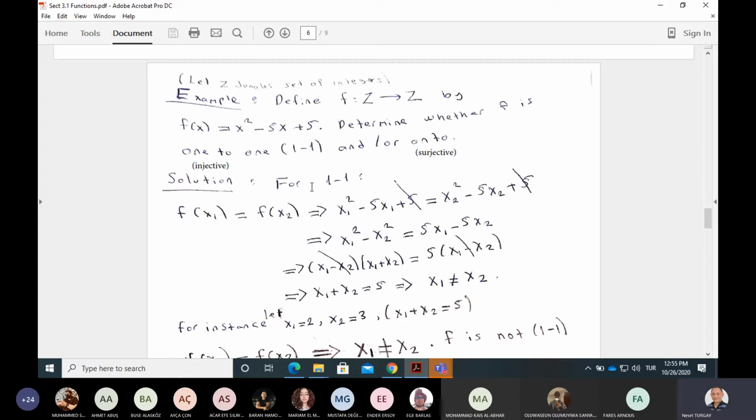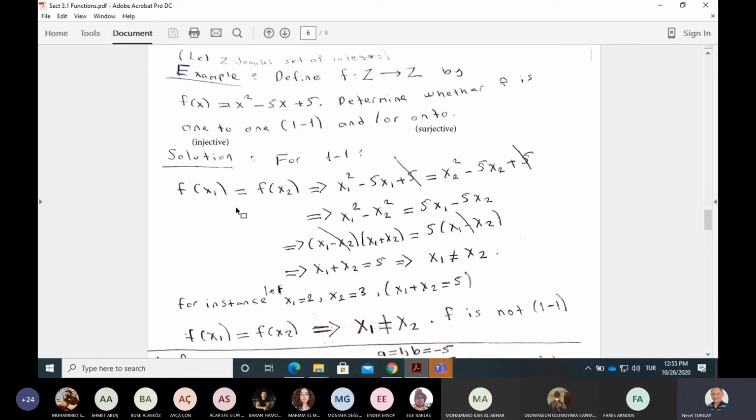Now, for 1 to 1, does f of x1 equal f of x2 imply x1 equals x2 or not? Let's check. If f of x1 equals f of x2, this means that x1 squared minus 5x1 plus 5 equals x2 squared minus 5 times x2 plus 5. From here, the 5s cancel. What is left is this one.